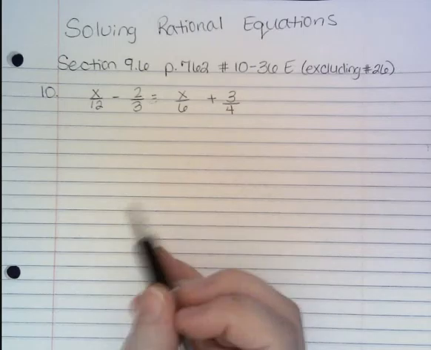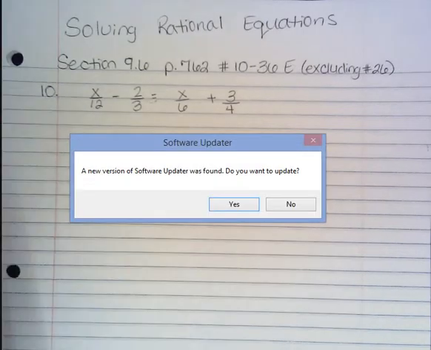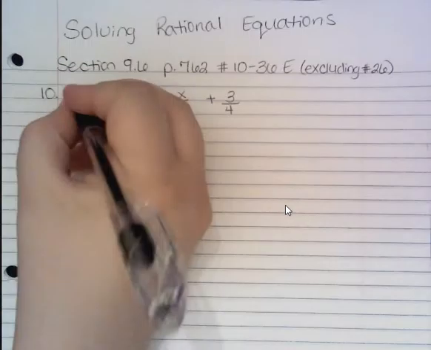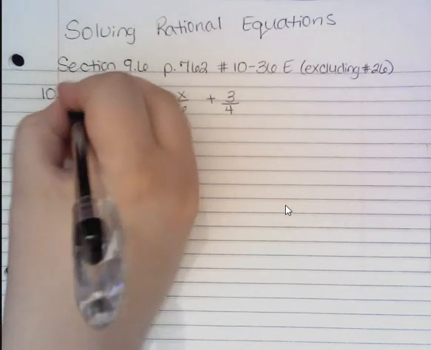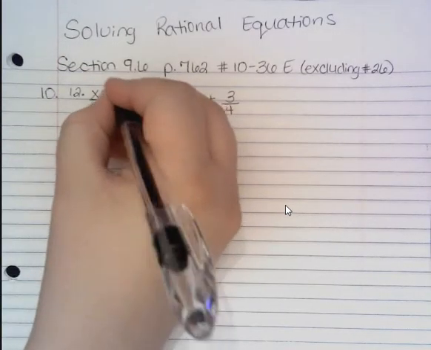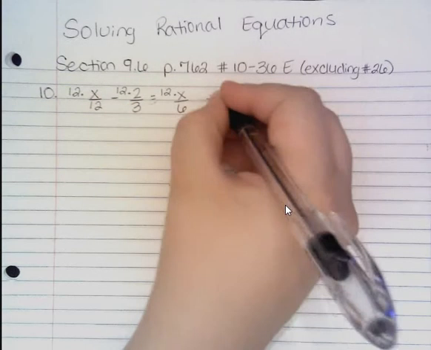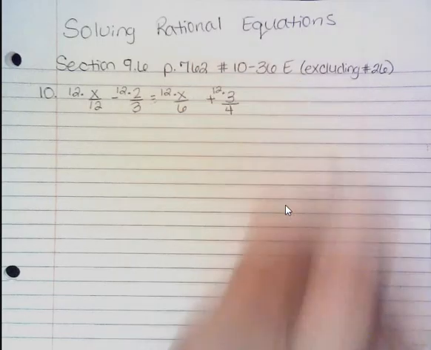That answer would be 12. So I'm going to multiply each fraction, each term, everything that has a denominator, by that 12.